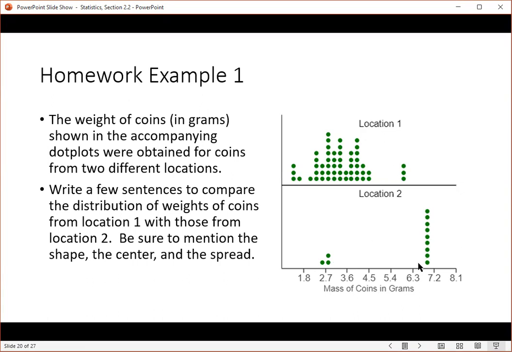Spread is just from the smallest to the largest. And so the fact that we have this big tall tower doesn't matter. Still, the spread is going to go from 2.7 to roughly 7.2, and this one goes from a little bit below 1.8 to a little bit under 6.3. Just kind of eyeball this distance. The distance from here to here, and the distance from here to here are pretty similar.